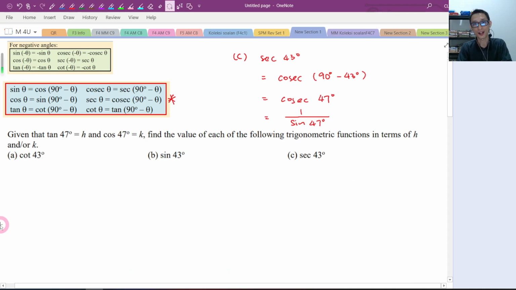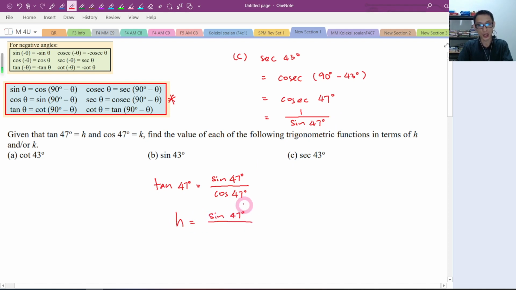Still remember, tangent is equal to sine over cosine, right? So tangent 47 degrees is equal to sine 47 degrees over cosine 47 degrees. Tangent 47 degrees, given by the question, is equal to h. Sine 47 degrees we don't know, we want to find it.